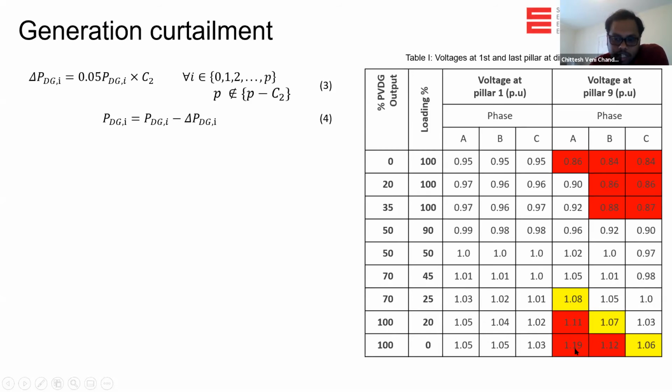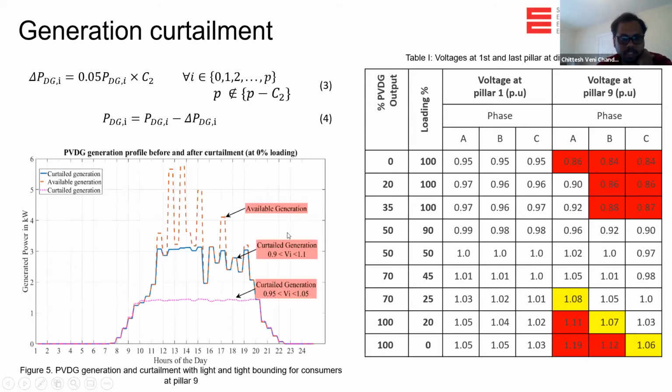When there is an over voltage situation, there would immediately be a 5% curtailment, and if that didn't solve the problem, it would go for the next 5%. It keeps doing that until the over voltage is rectified. This is the generation of a consumer connected to the last node.